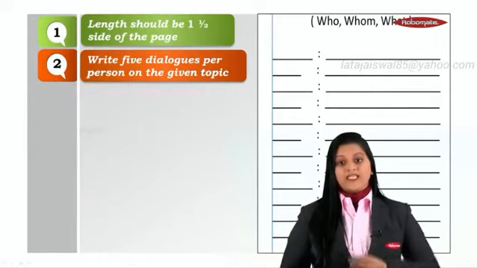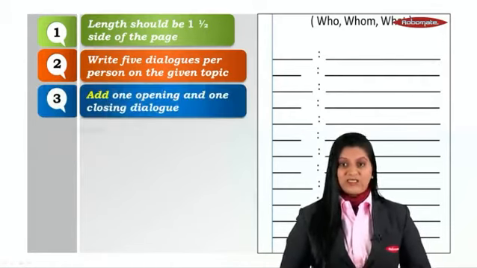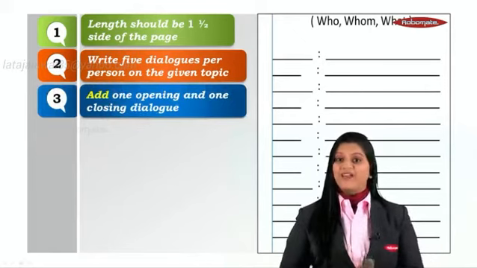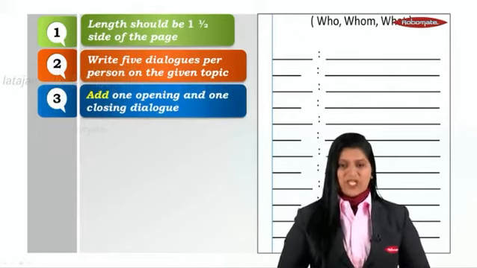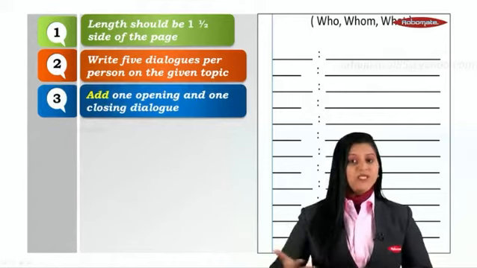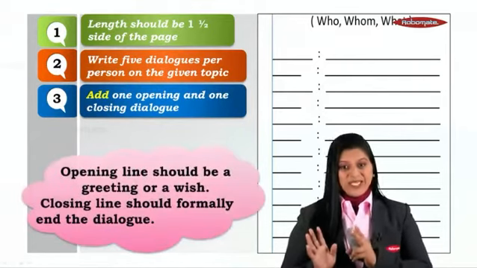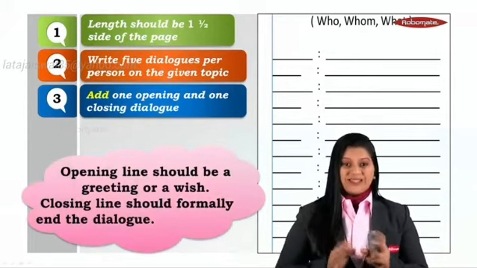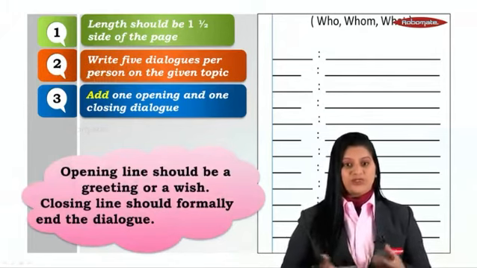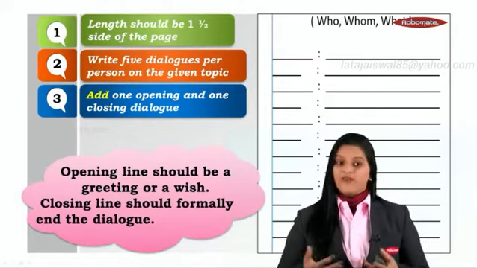The next point of our format is to add one opening and one closing dialogue. What do we mean by adding one opening dialogue? An opening line should be something like a greeting or a wish to someone. Good morning, how are you?